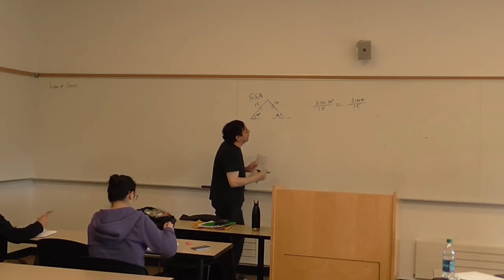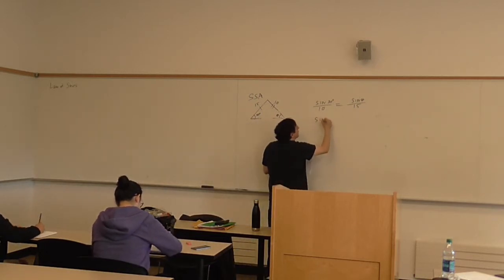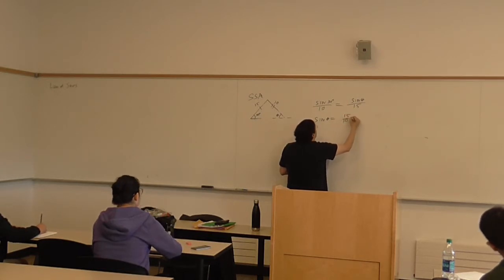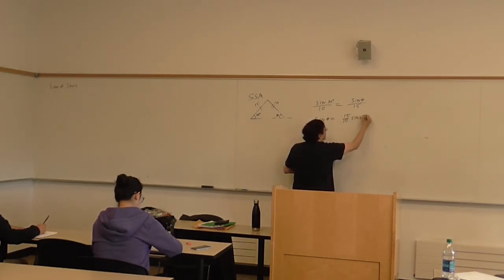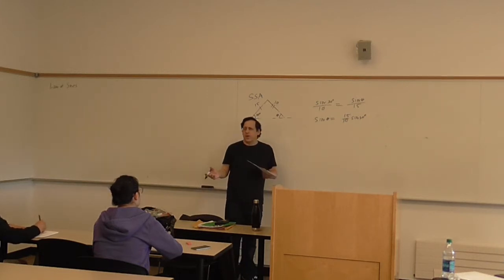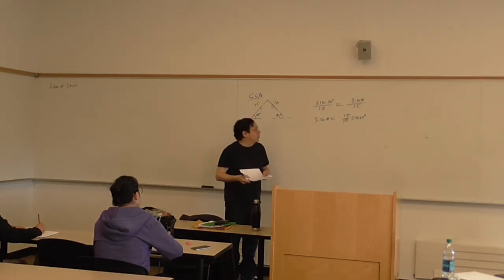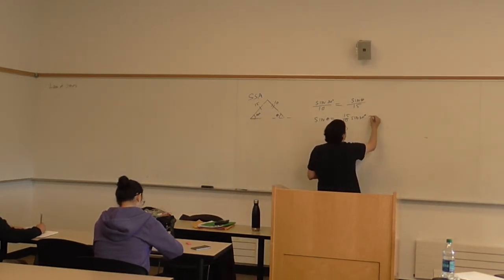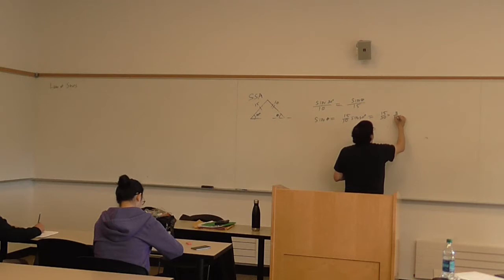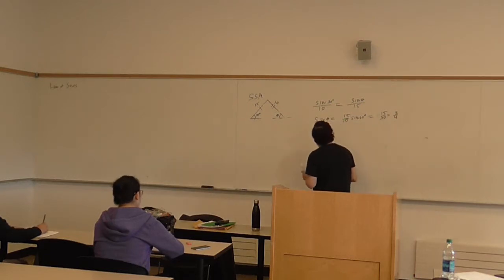And let's solve for sine of theta. Sine of theta equals 15 over 10 times the sine of 30. But we decided we know what the sine of 30 is, right? So that's 3/4. Okay.